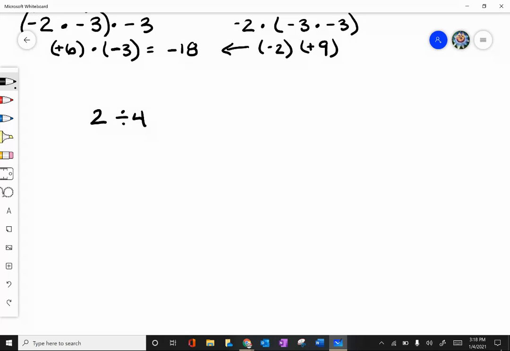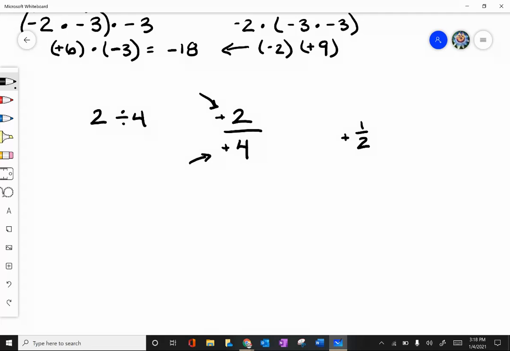So I'm going to write 2 divided by 4. And to remind you, these are positive numbers. Positive 2 divided by positive 4. We know that that is 1/2. And it's positive 1/2. Both signs are positive, so your answer is positive.